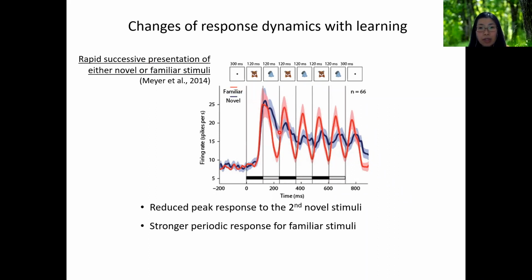For the novel images, the second peak was much smaller than the first peak. Okay? So this suggests that the rapid reduction for familiar images may be required to make the neurons ready for the incoming new stimuli and enable fast dynamic tracking of familiar stimuli.